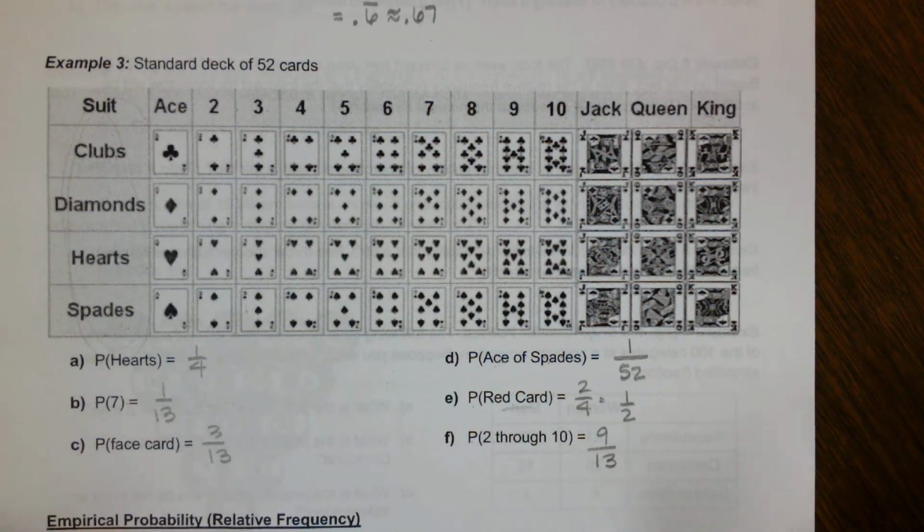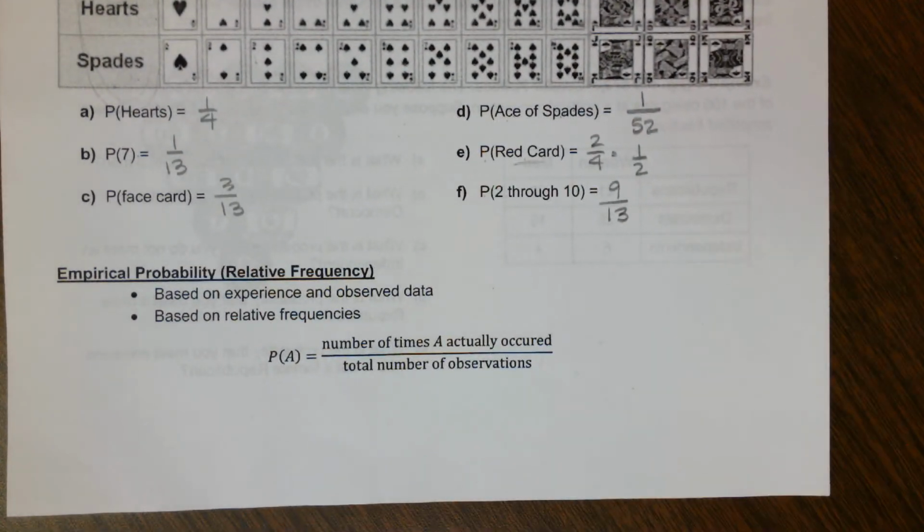Okay, so that's theoretical probability. Now, empirical probability, all this is relative frequency. It's saying, okay, if I'm looking at an actual data set, if I actually tossed a coin, or if I actually rolled a dice, or if I actually drew cards, this is what has actually happened.